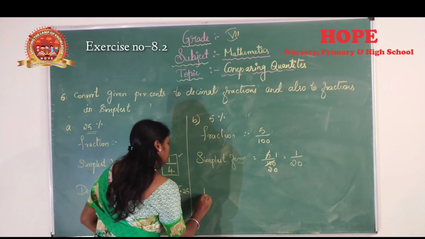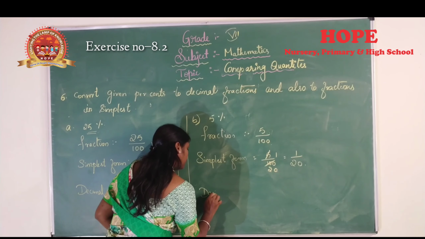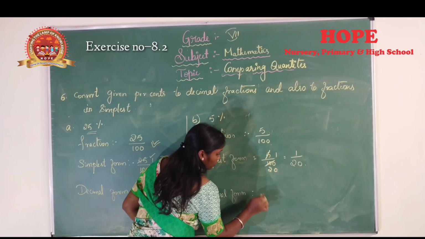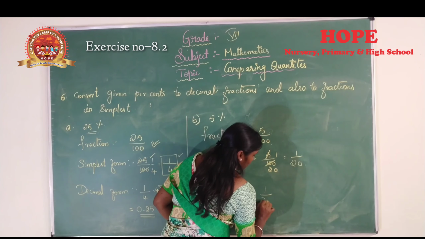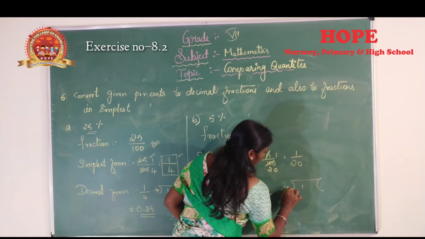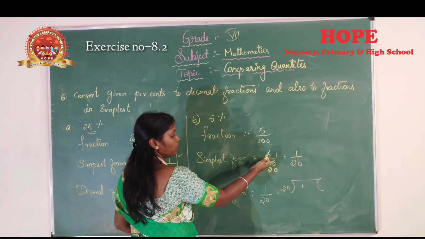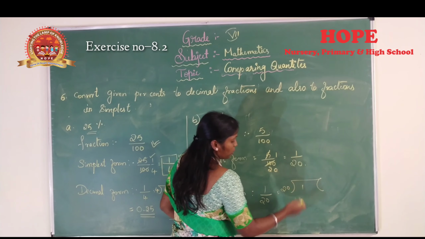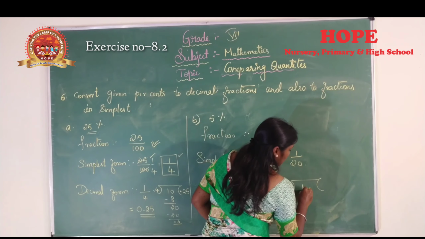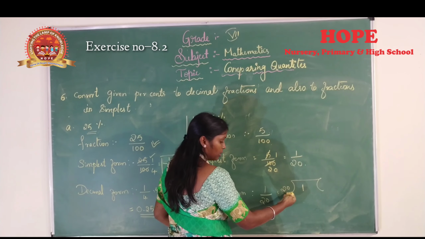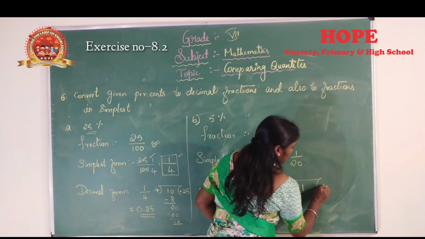Then how to convert this into the decimal? 1 by 20 we are going to take here. Divide 1 by 20. Either we can do 5 by 100 also or 1 by 20 also. So 20 if we take, since 1 is lesser than 20, we will place a decimal.